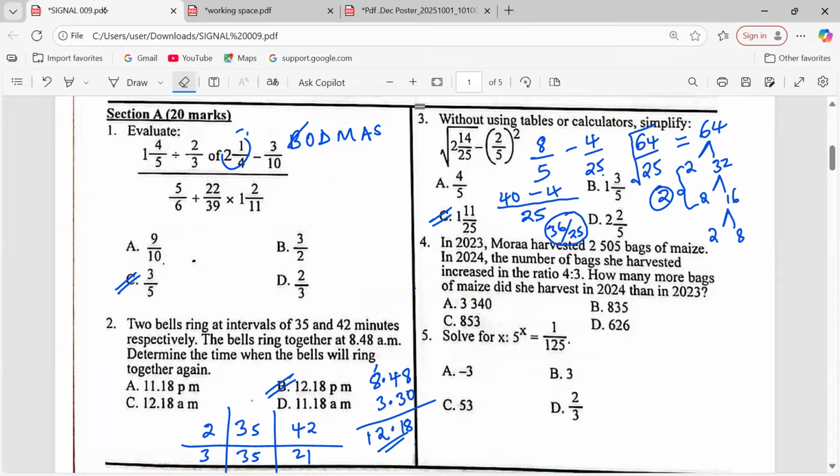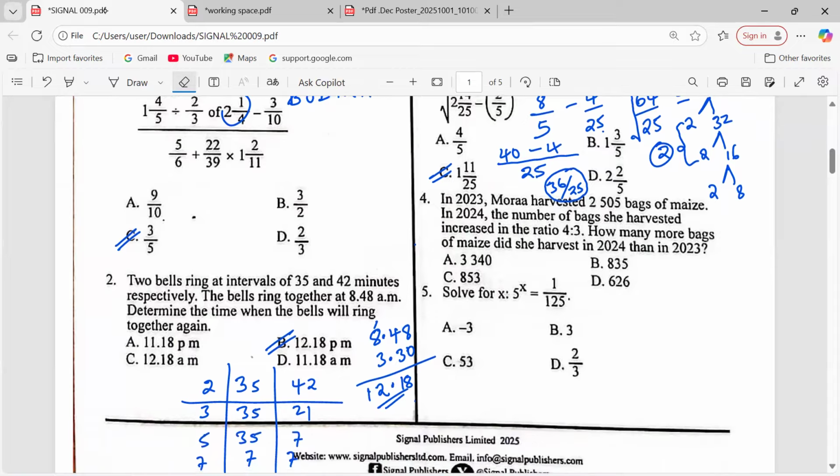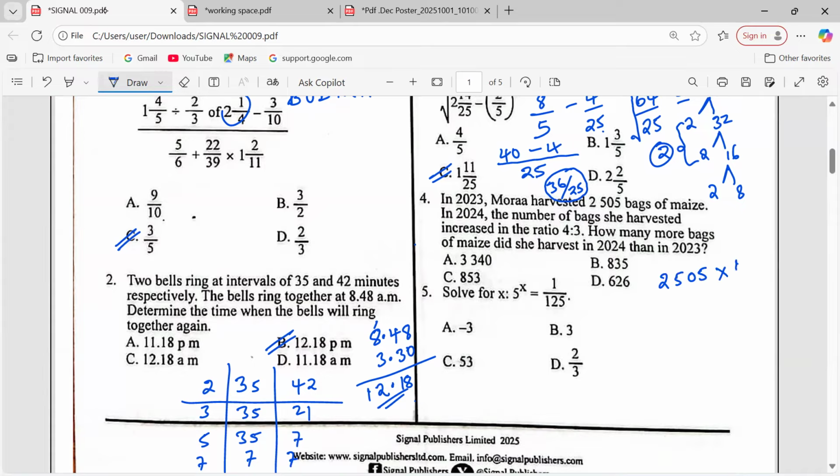That's a very clear question, whereby we are now looking at what we call increase in ratio. When you are increasing in a particular ratio, you multiply the quantity that you are affecting, like 2505, by the ratio such that the bigger proportion is the numerator, the smaller proportion is now the denominator, because we are increasing.